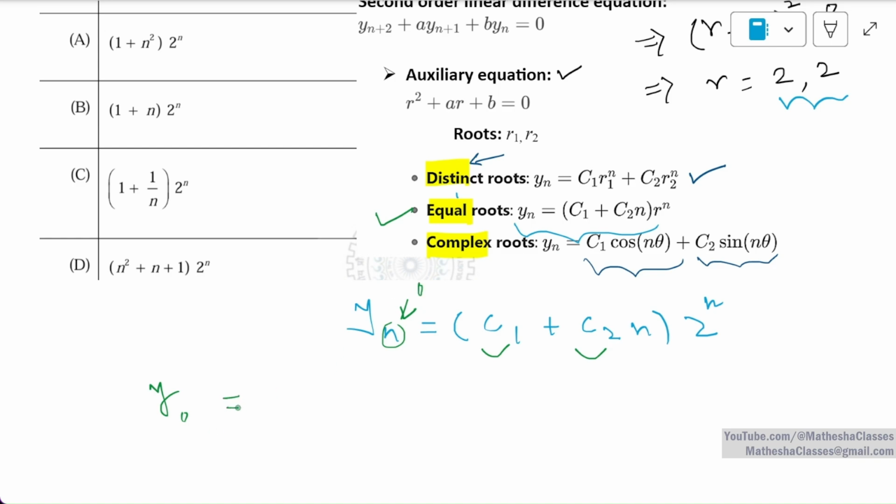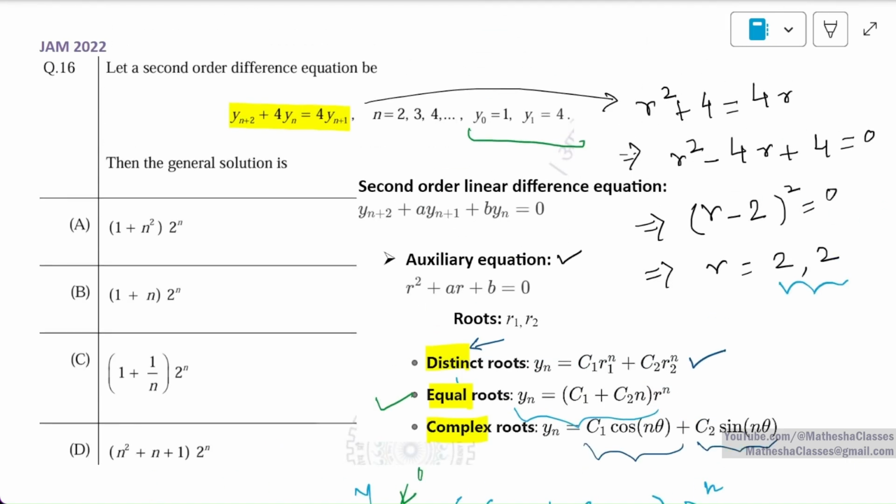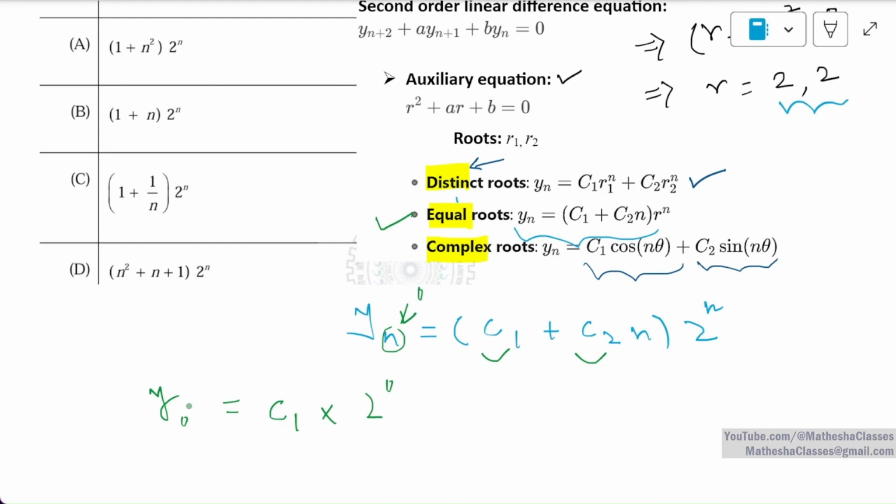So if you put n = 0, you will get (c_1 + c_2 times 0) times 2^0. Now what is y_0 here? y_0 is 1. So we have 1 = c_1 times 2^0, which is 1. So c_1 = 1.